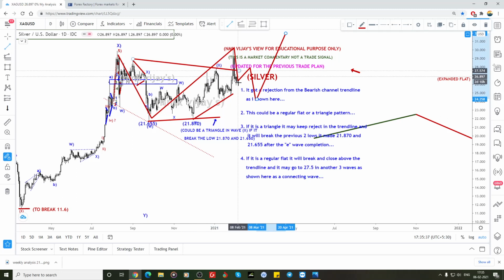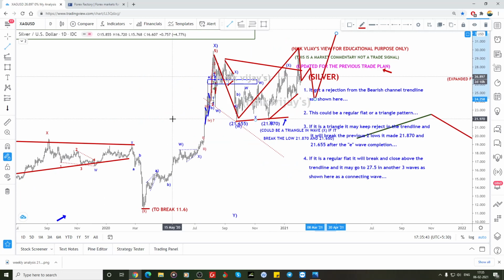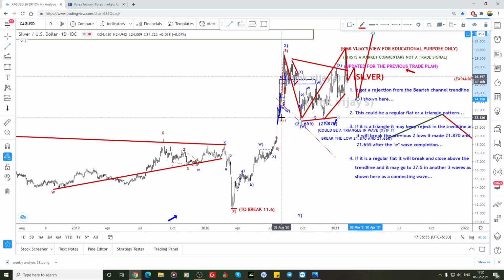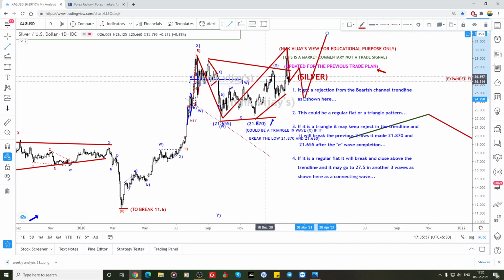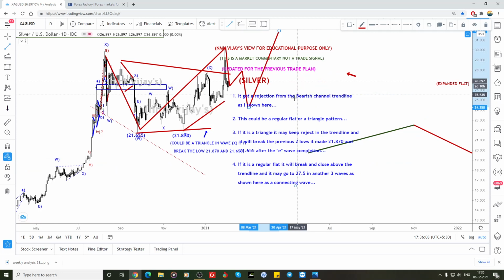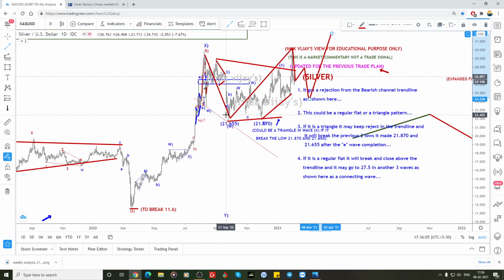But I will reanalyze it deeply, and then I will share my view, because I'm not sure about this, whether ABC is a W, X, ABC is a Y, so Z is over, or what else. I need to check this, and then I will show you a clear view. Until then, there is no trade in silver.